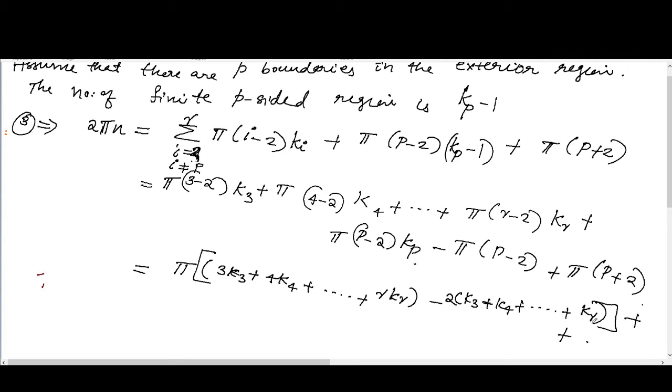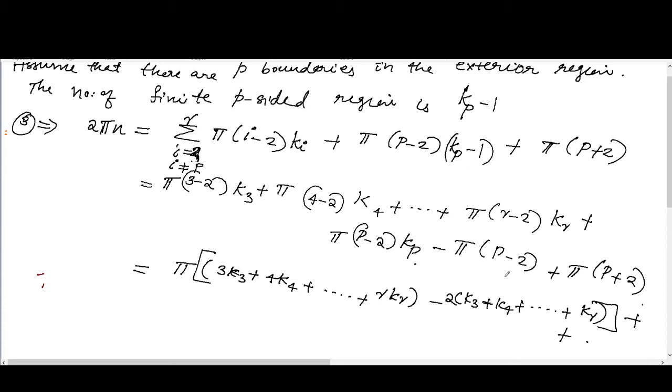Sorry, here I forgot to write this kp minus 1. Okay, here it is. Pi into p minus 2 into kp minus pi into p minus 2.